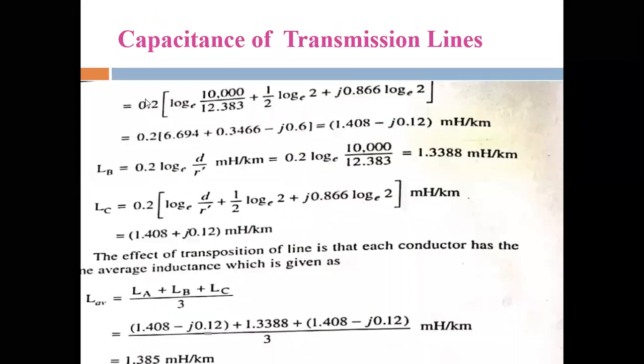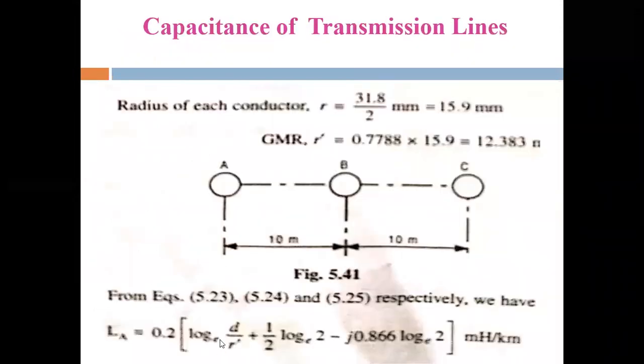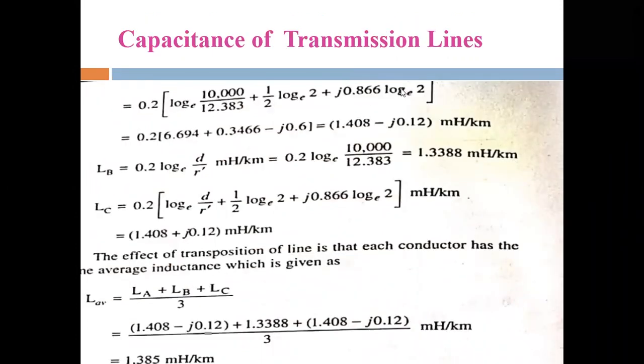Substituting for LA, R dash is 12.33 and D, the distance between conductors A and B, is 10 meters, so LA is 0.2 log e of 10 by 12.33 plus 1 by 2 log e 2 minus j 0.866 log e 2.